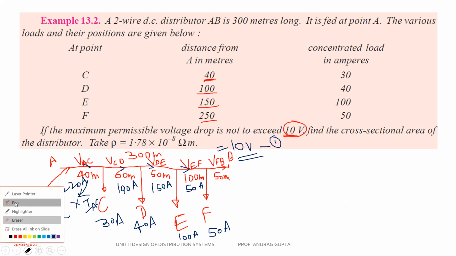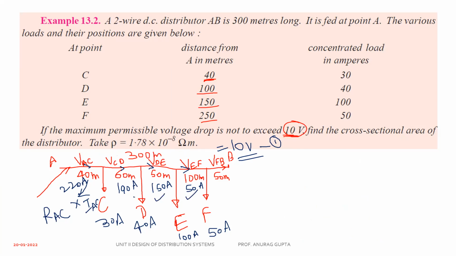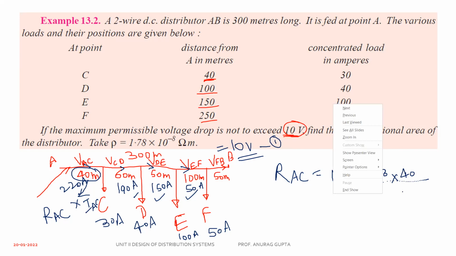Have you got the current? How did you find the currents, the 50 ampere, 150 ampere, 200 that you have found? Am I right? How do you find RAC? First of all, RAC is equal to rho, that is 1.78 into 10 to the power minus 8, into the distance you can see, 40 meter, so into 40, divided by A. Clear?